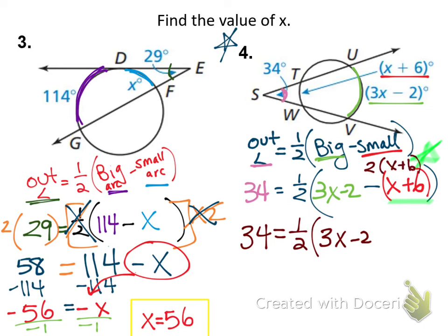We call that distributing. So what number is actually in front of this set of parentheses? A negative 1. So we're going to distribute just like normal. Negative 1 times x is negative x, and negative 1 times positive 6 is negative 6.